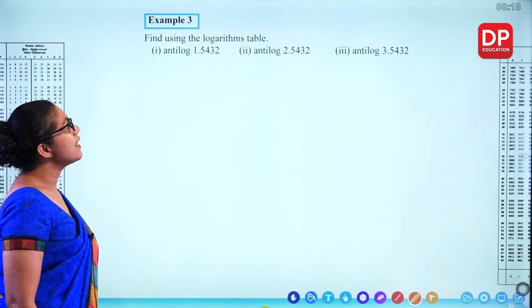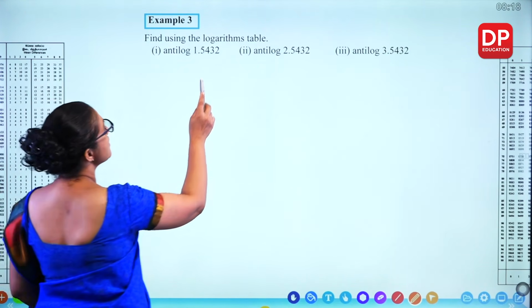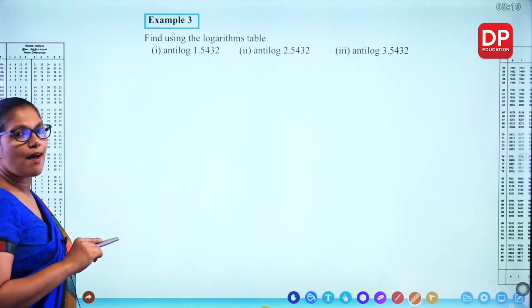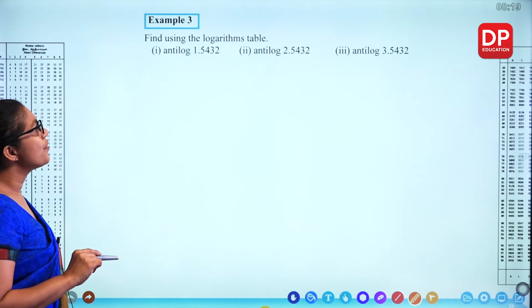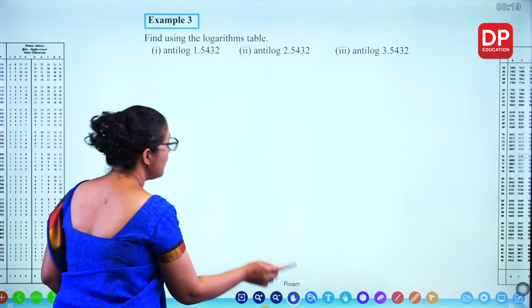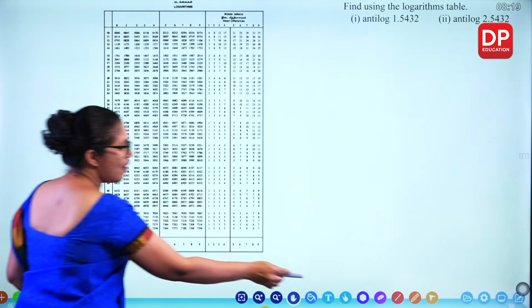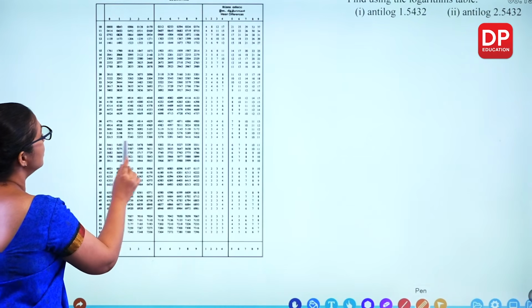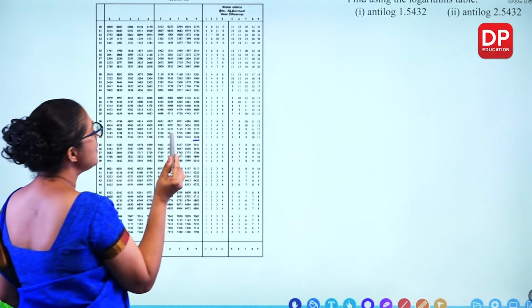Example number 3, find using the logarithms table anti-log value. So the characteristics are different and same mantissa value. So you have to refer where you get 5432. We'll see from the first table. 5428 is there. 32 means you need another 4.